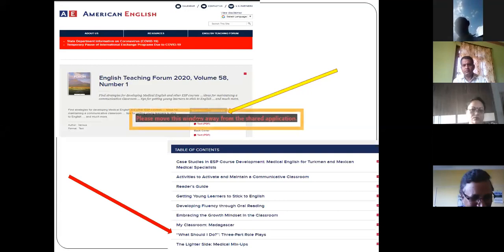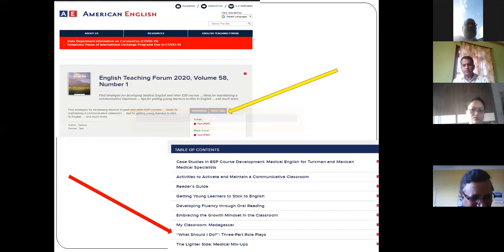back cover, and then down below there is a table of contents. If you scroll down as shown here, table of contents, and then what I just asked you to do is go to this "What Should I Do?", shown by the red arrow.